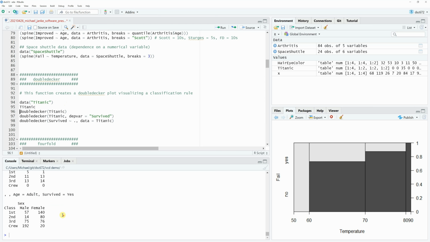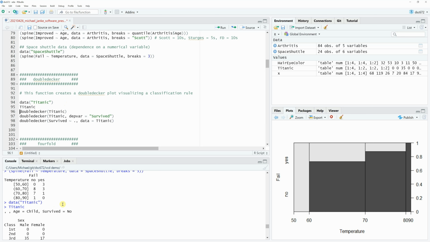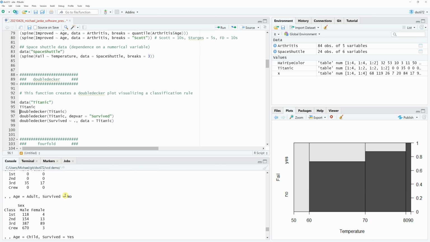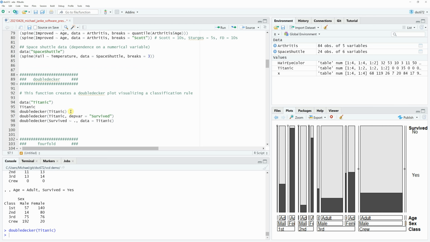What we can see is several matrices where we're looking at, for example, this is a child, and did they survive, and what was the gender versus what class they were on the Titanic, and adult, survived, no. So there are 4 different large groups broken into these subgroups. The double-decker plot will plot all that out so we can see the breakdowns.